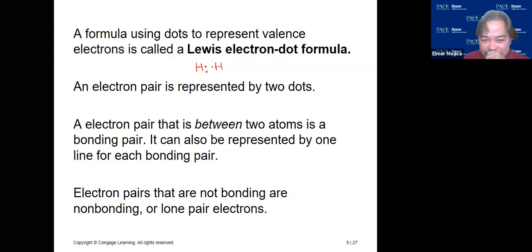One and one, they form into an electron pair. A pair is always two, right? So, that electron pair that we have there is your bonding pair. Instead of writing it as two dots, you can write it as one line. One line is represented by two dots, and that is your bonding pair.